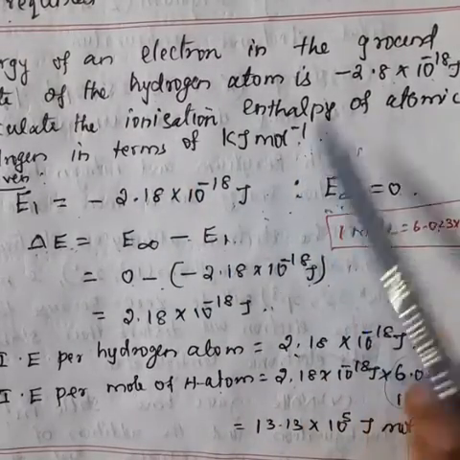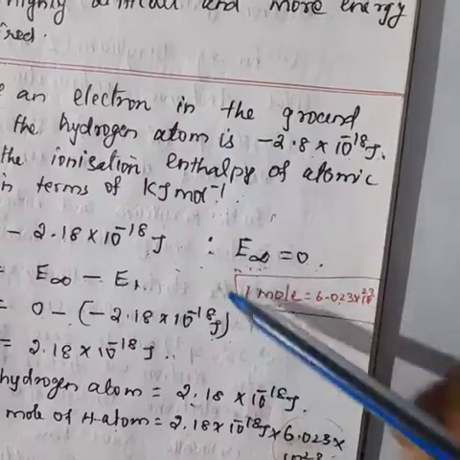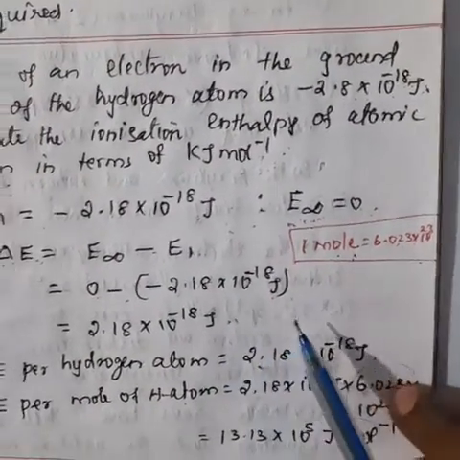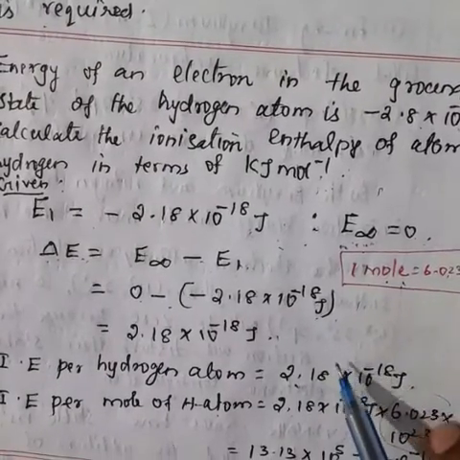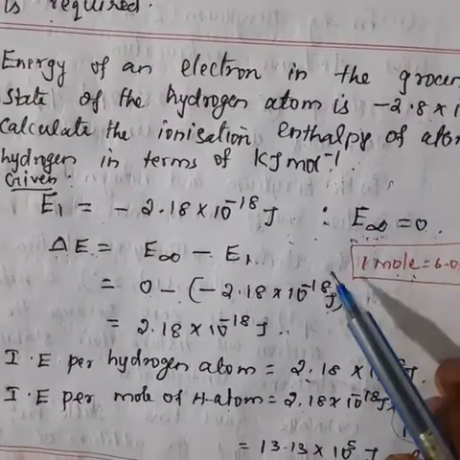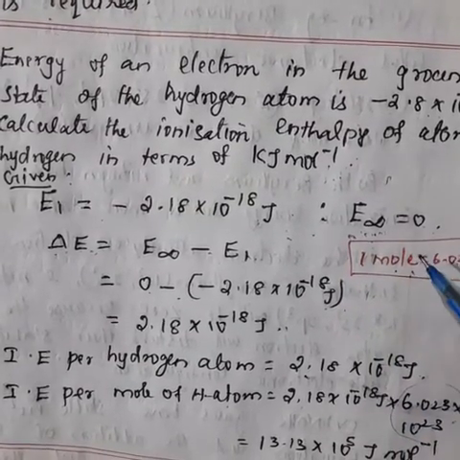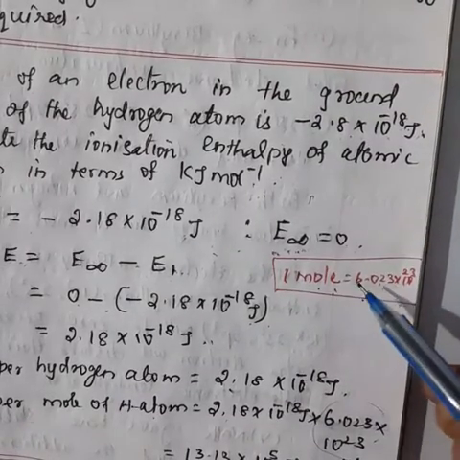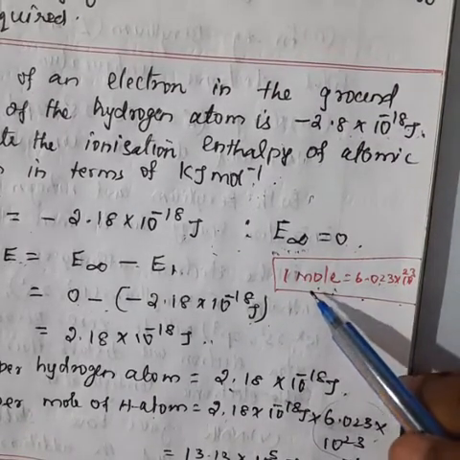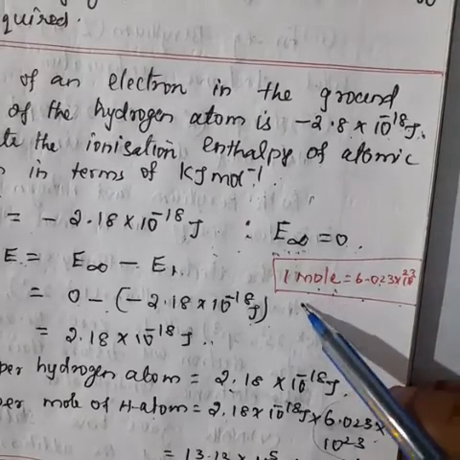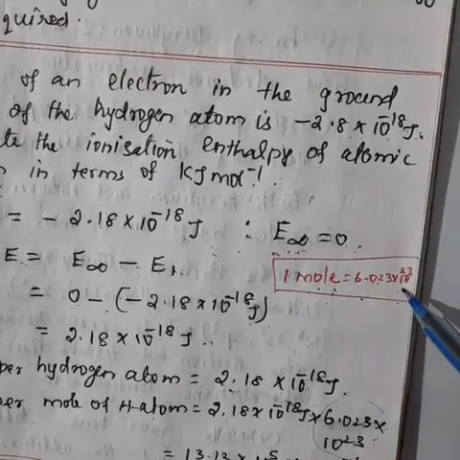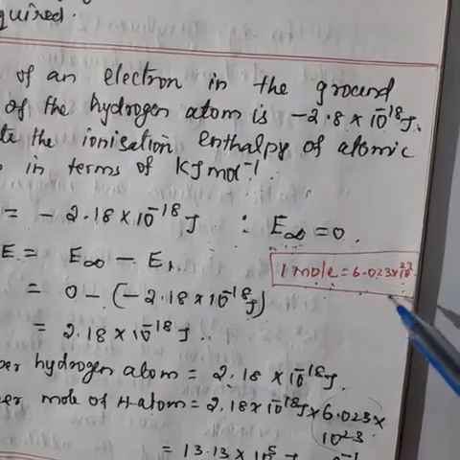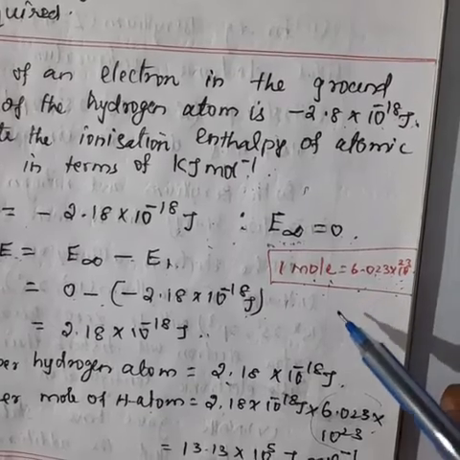We should convert joule into per mole, so we should apply the mole concept. Mole is one of the SI units. 1 mole is equal to 6.023 into 10 power 23, just like 1 kg is equal to 1000 gram.